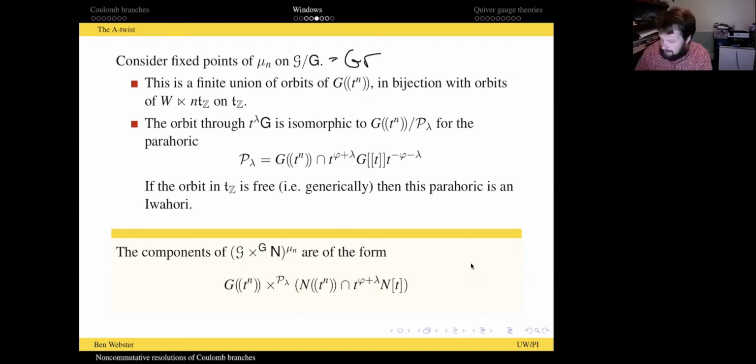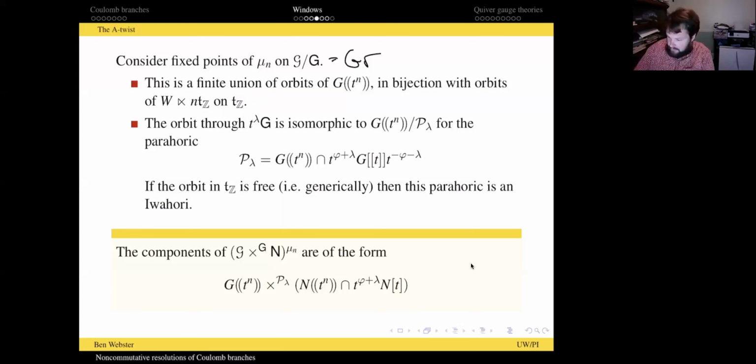Anyways. And I can describe those as orbits of, I look at the co-characters into my T, I look at the Weil group acting there, and then I look at translations that are scaled by n. So if I didn't do this scaling by n, this would be the affine Weil group. But I am doing the scaling by n, so I'm going to get a few different orbits.